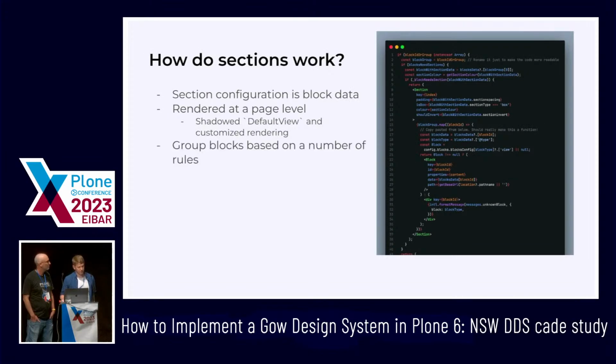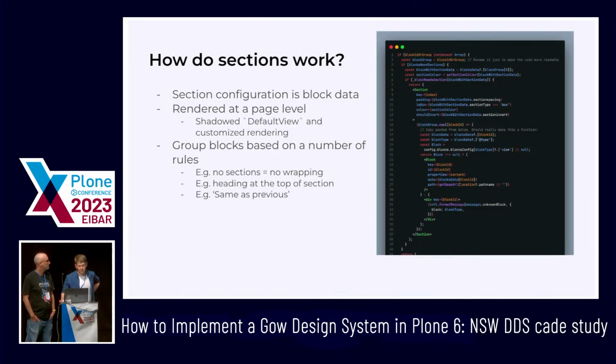So before rendering, we group the blocks based on a number of rules. For example, if we go through every block and we don't find any sections, then don't do any grouping, proceed to normal rendering. If we're just about to start a new section, it's a title block or a slate block with headings applied to it, then we start a new section for that one.